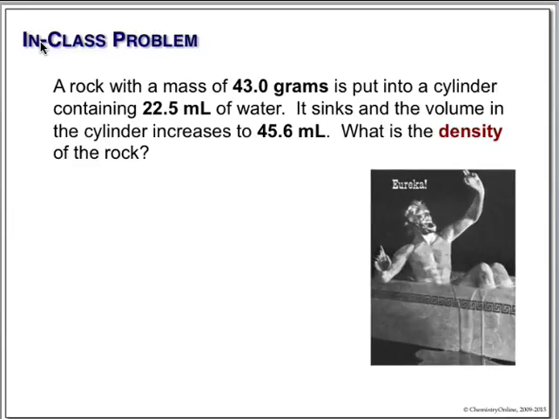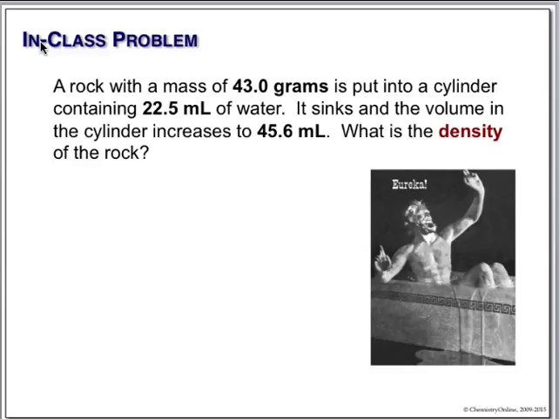Now this actually is based on an interesting story. This is a painting of Archimedes many years ago. Turns out that the king was given a crown, and it was supposed to be pure gold.